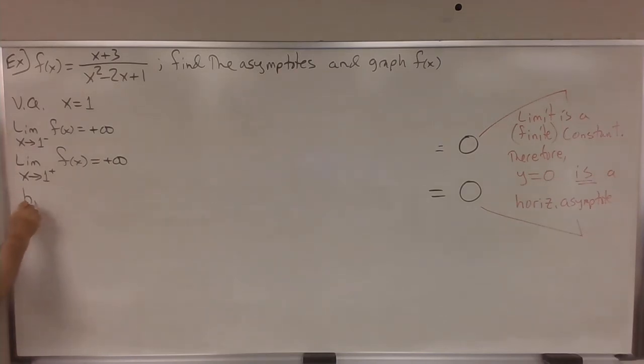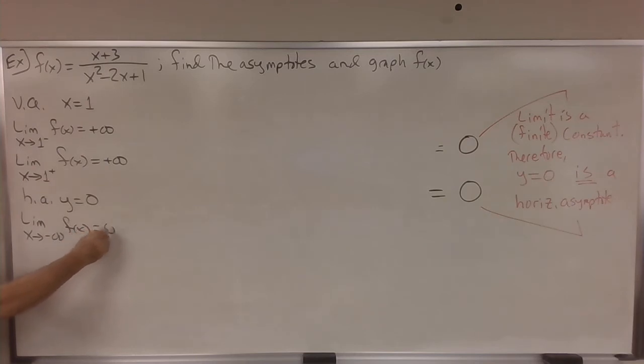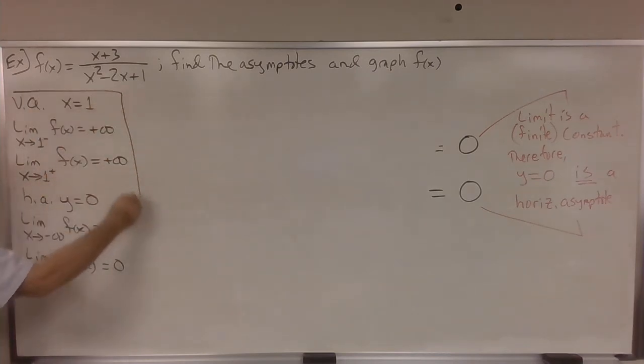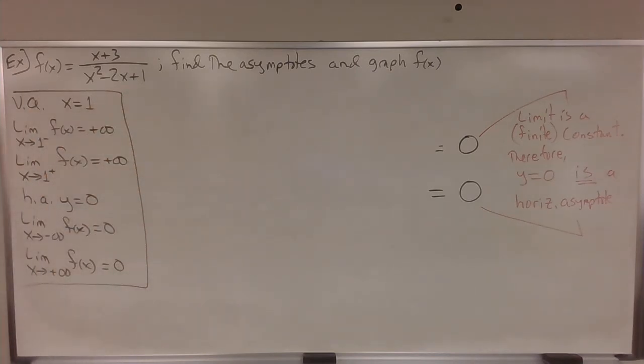And then our horizontal asymptote, that was y equals 0. And the limit as x goes to negative infinity of f of x equals 0. The limit as x goes to plus infinity of f of x equals 0. And that's all of our info.